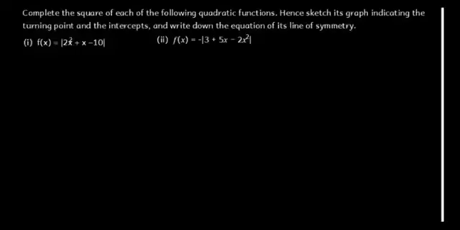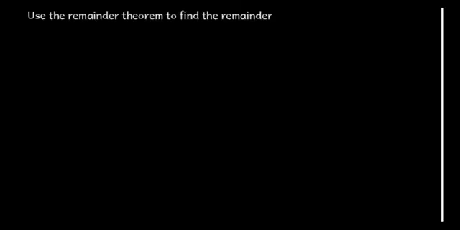Part 2 has modulus, but there's a negative. In the previous video where we introduced the completing square method, we talked about how to find the line of symmetry, the x and y intercepts, and the turning point. Now I just want to talk about what if you have been given the modulus, how do you sketch?